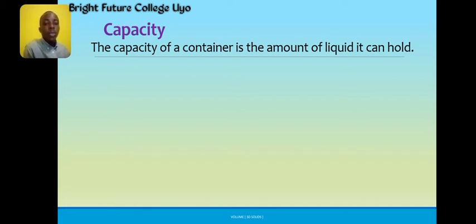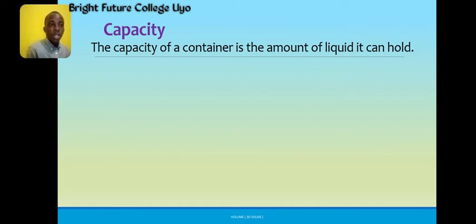You have heard of "give me that 50 cl water bottle, I need the 50 cl water bottle." We are talking about capacity, the amount of liquid it can hold.